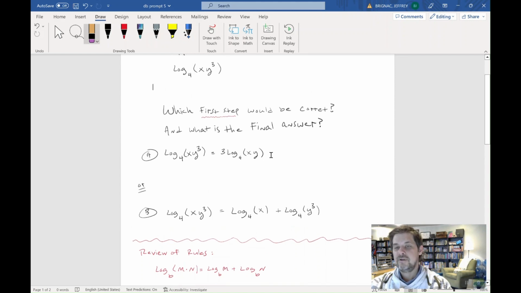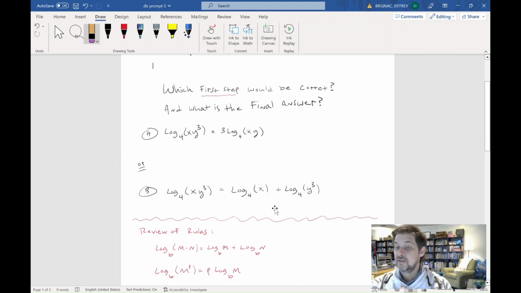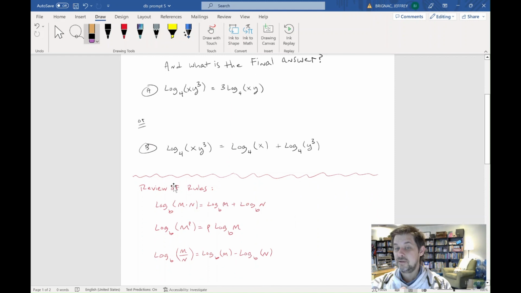Now, if you're not sure what I'm getting at here, let me tell you about the rules we use to simplify logarithms. We have three main rules, and in order, the first one says that log base b of m times n, so that's multiplication, splits up as log base b of m plus log base b of n.